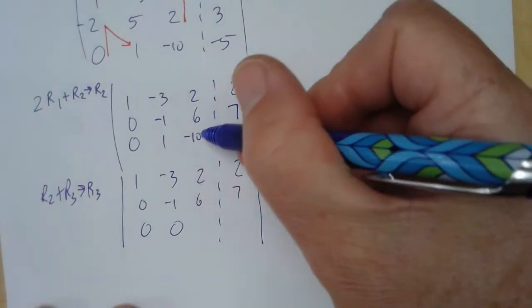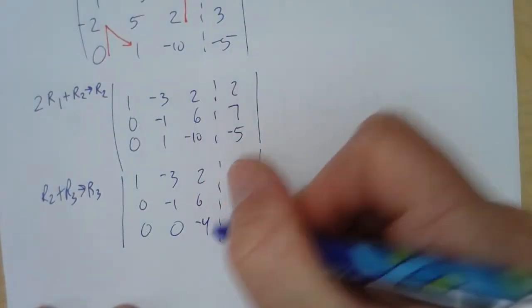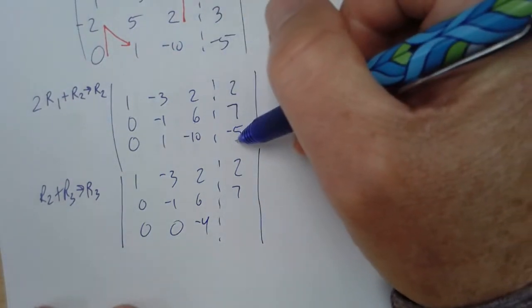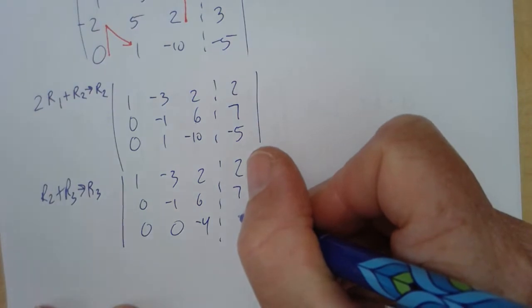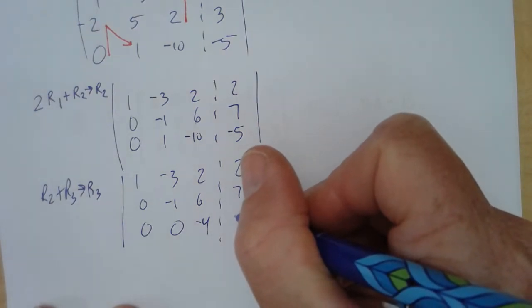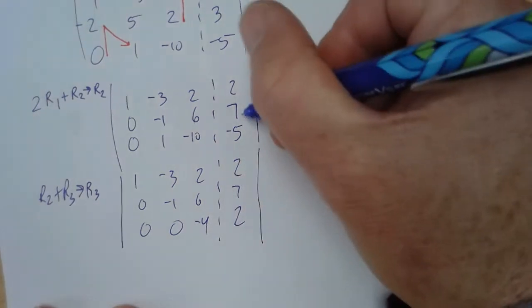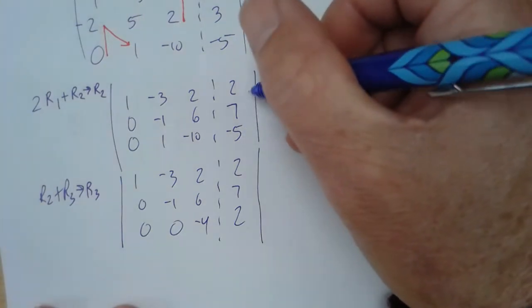Zero, 0. This plus this is negative 4. This plus this is 2.